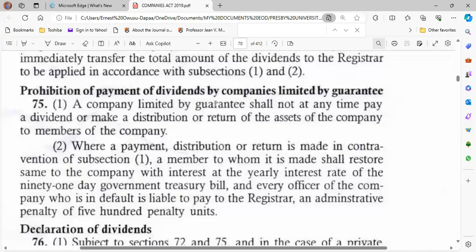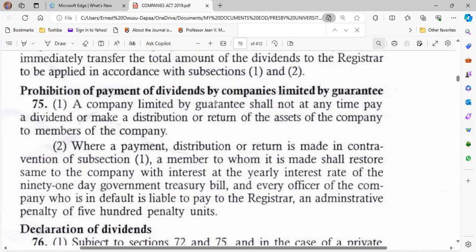A company limited by guarantee shall not at any time pay a dividend or make distribution or return of the assets of the company to members of the company. So here, there's nothing like whether section 72.1, the distribution test, has been met. No, it's not about that. You are forbidden from paying dividends because you are a company limited by guarantee.